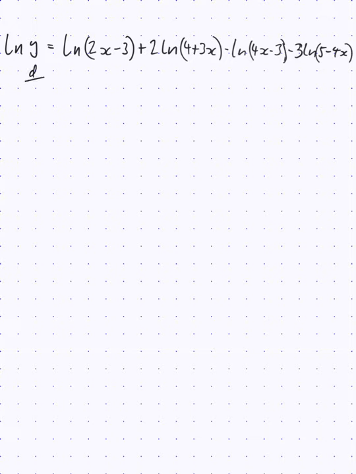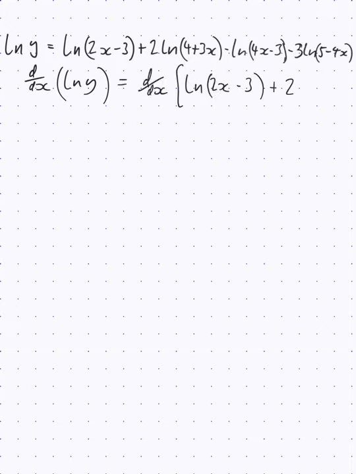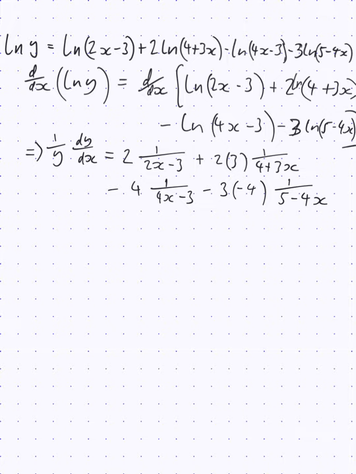So now we have this expression and we differentiate both sides of it with respect to x. And we get the first term, log of y becomes 1 over y dy dx by implicit differentiation. Then the log of 2x minus 3 by the chain rule. The derivative of log x would be 1 over x.